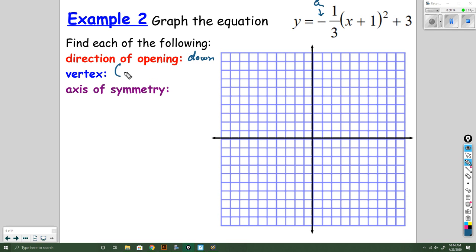The vertex is going to be the point -1, 3, because we have x minus h here, and then k right here. And then the axis of symmetry is going to be x equals -1, so that's a vertical line, which we're going to draw right here. And then the vertex is the point -1, 3.